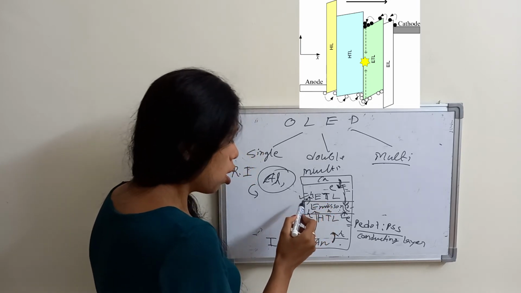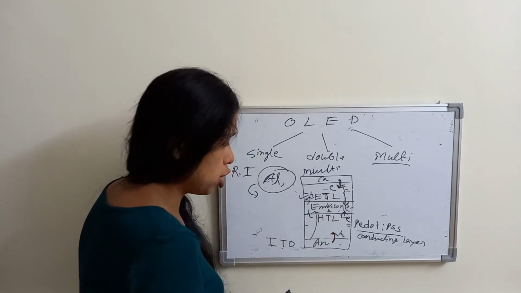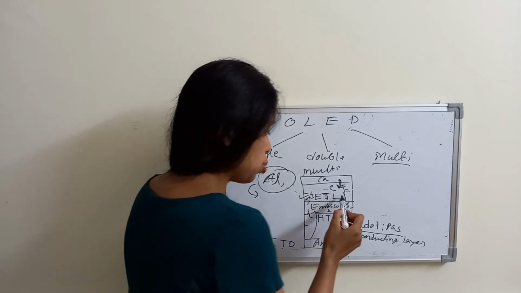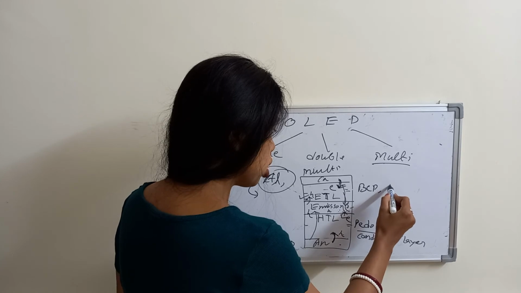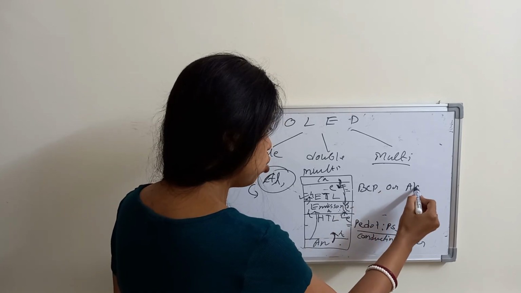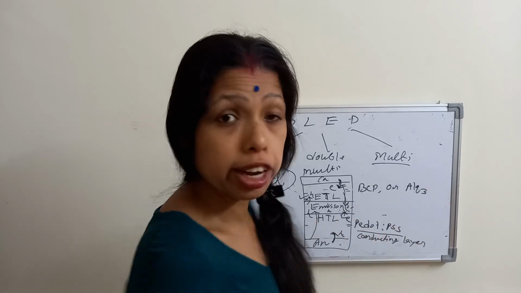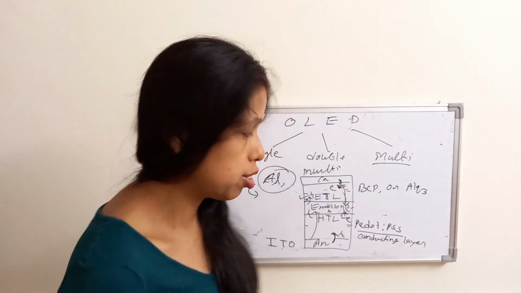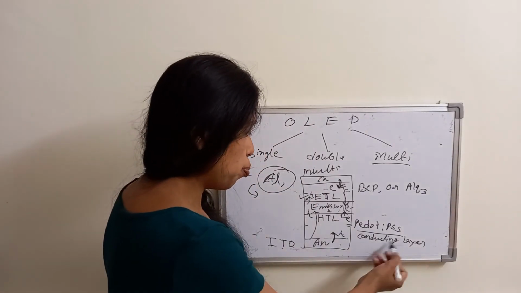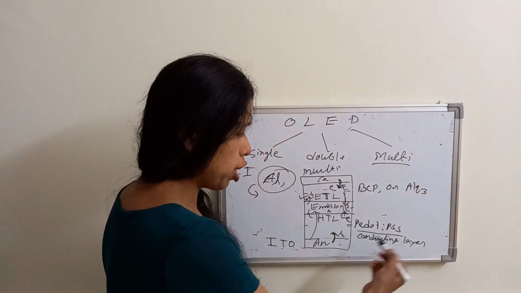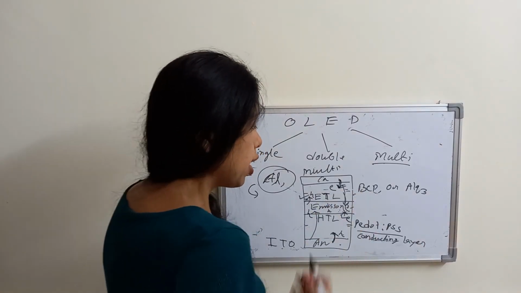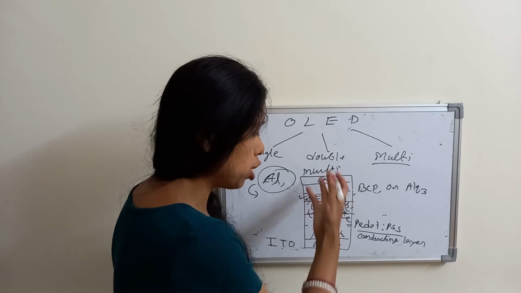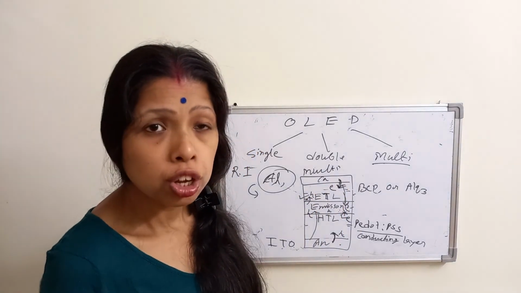The most popular electron transport layer is BCP, or you can also use AlQ3. These are all organic compounds, organic semiconductors, right? PEDOT:PSS is not a pure semiconductor; this is a conducting layer. BCP is also a conducting layer which restricts holes, but it can transport the electron from the cathode to inside the device.